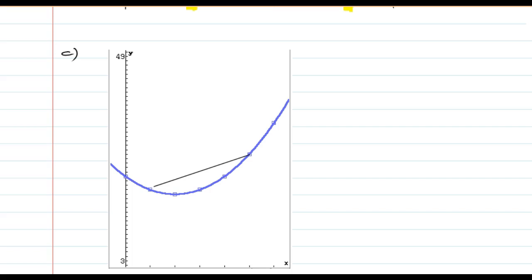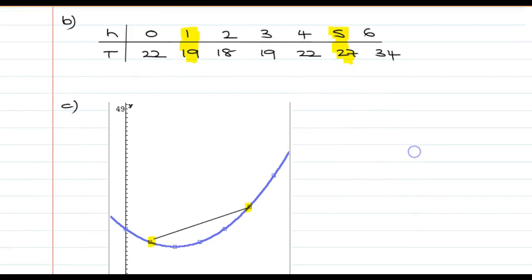So let's take the gradient between here and here, and we know what those coordinates are because we can see on the table above. So the average rate of change equals 27 minus 19 divided by 5 minus 1, which is 8 over 4, which is 2.